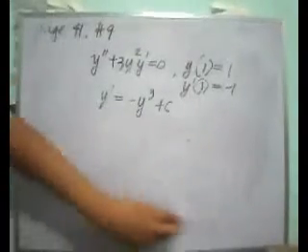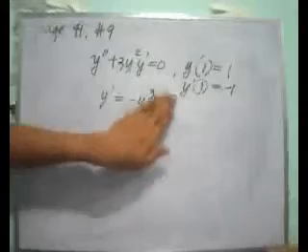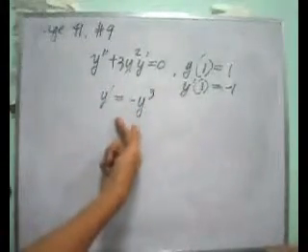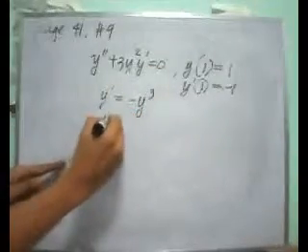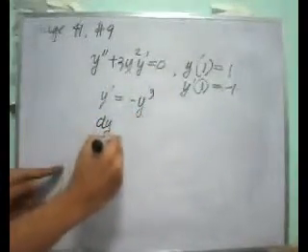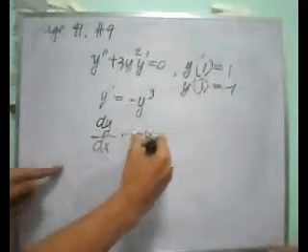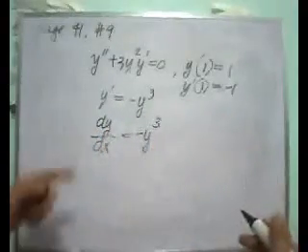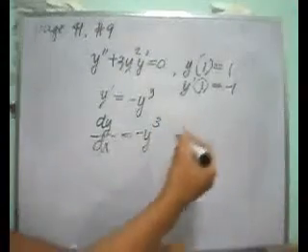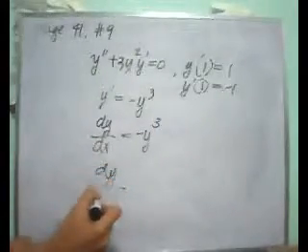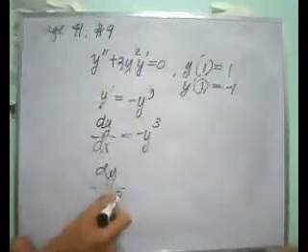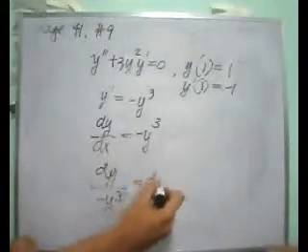We can replace c here by 0. Finally, we come to a first order differential equation. Now y prime is equal to dy over dx, right? Equals negative y cubed. Now simply we use separable equations, then separate: dy over negative y cubed equals dx.